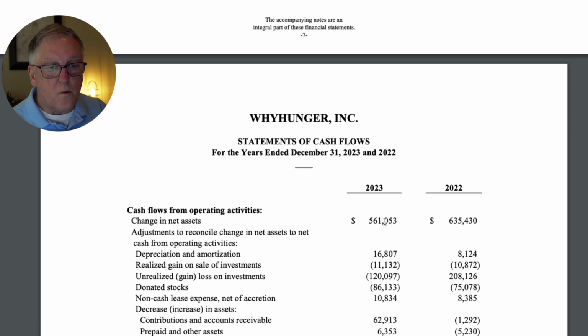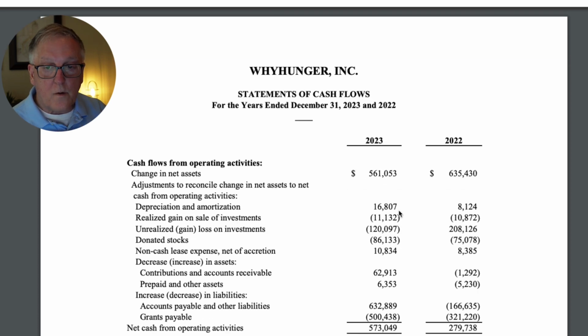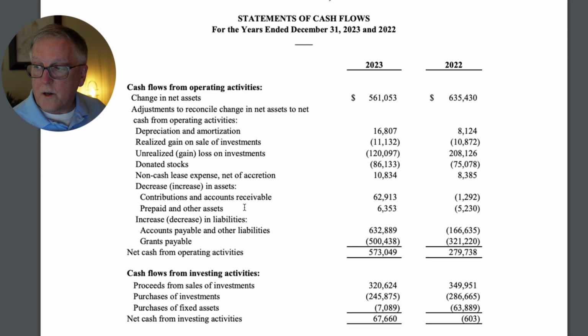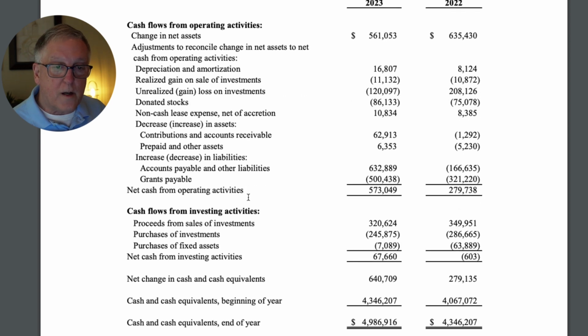So you start with that number, and then you show non-cash items such as depreciation, amortization, the realized gains, unrealized gains on investments, and then changes in accounts to get back down to the total net cash generated by operating activities. Now, this is the indirect method.